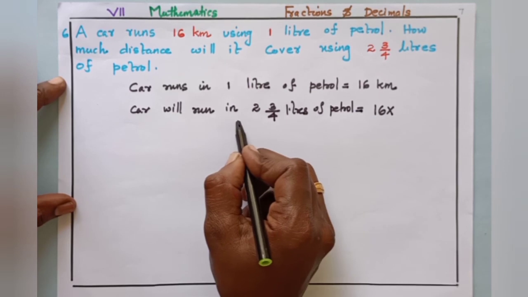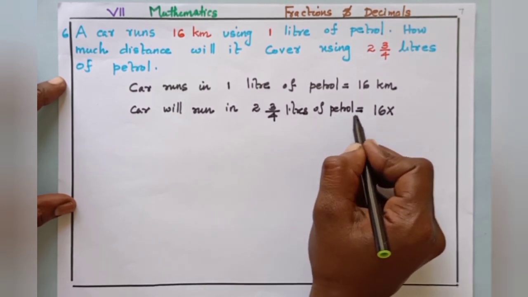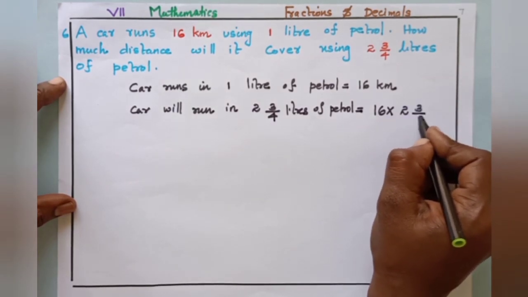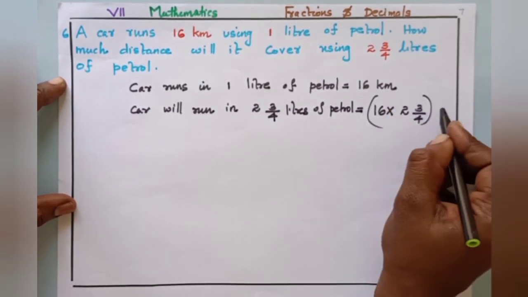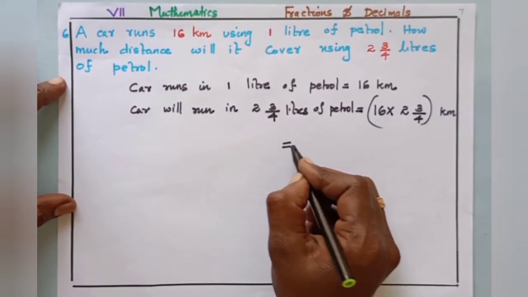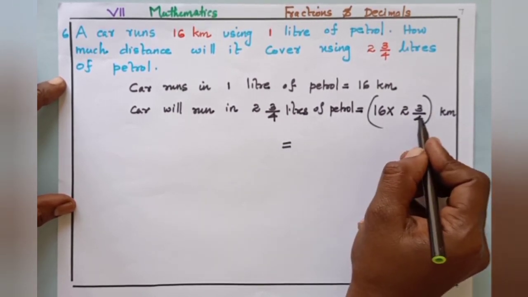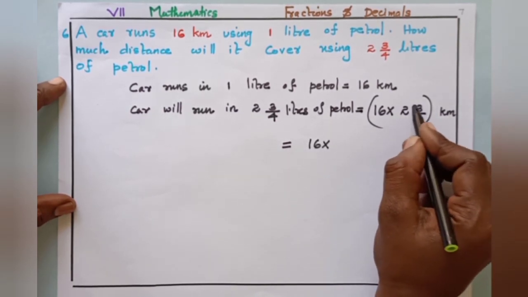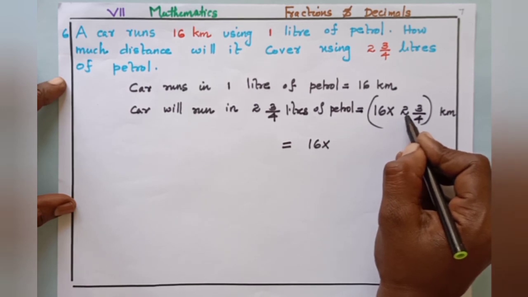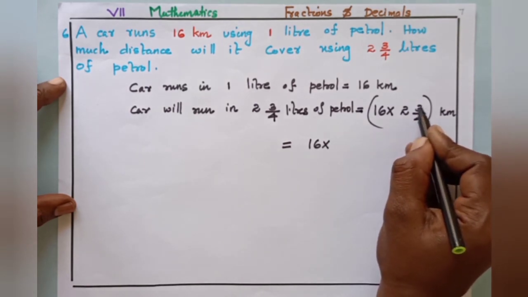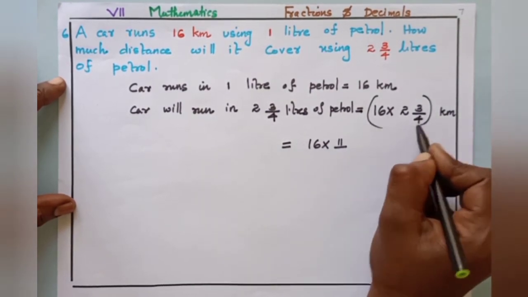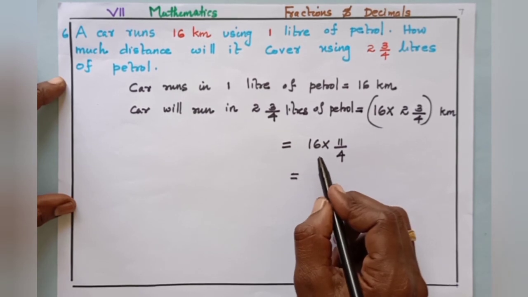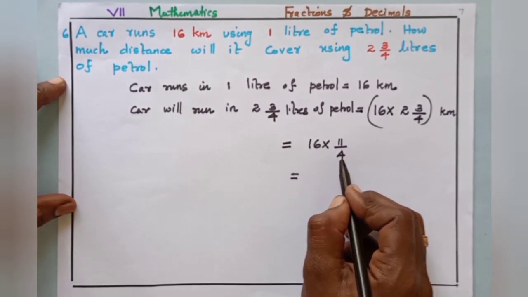So, car will run in 2 and 3/4 liters of petrol equal 16 into 2 and 3/4 kilometer. So, equal whole number into a mixed fraction. So, 16 into mixed fraction change into improper. 2 into 4, 8 plus 3, 11 by same denominator 4.